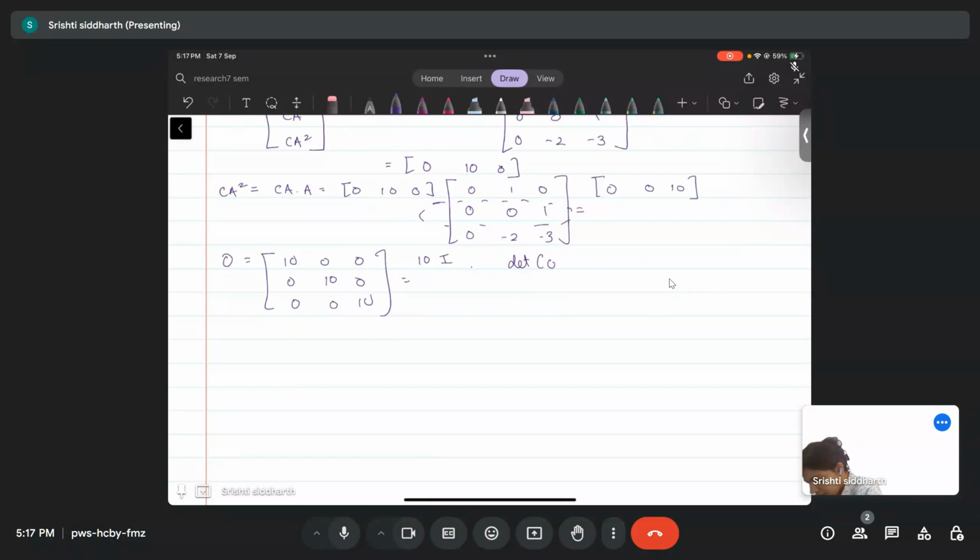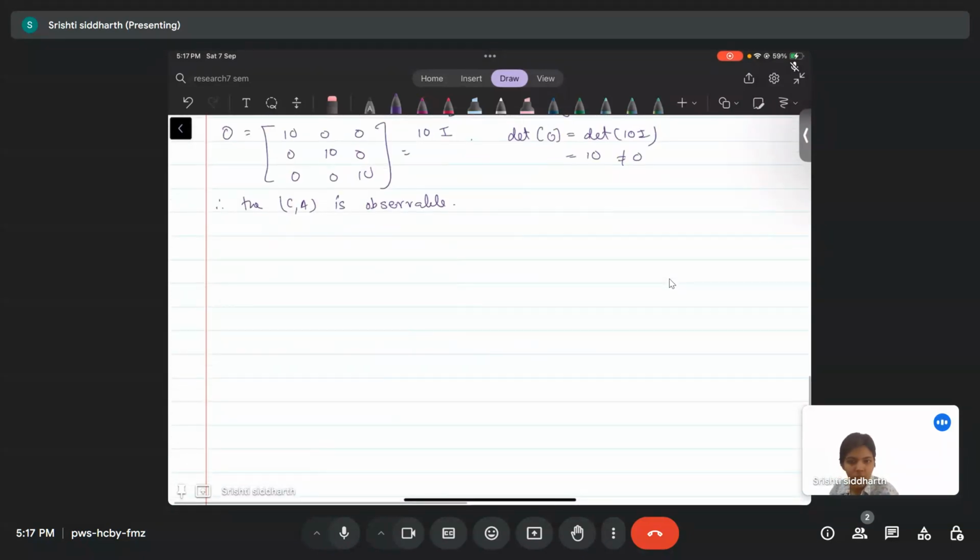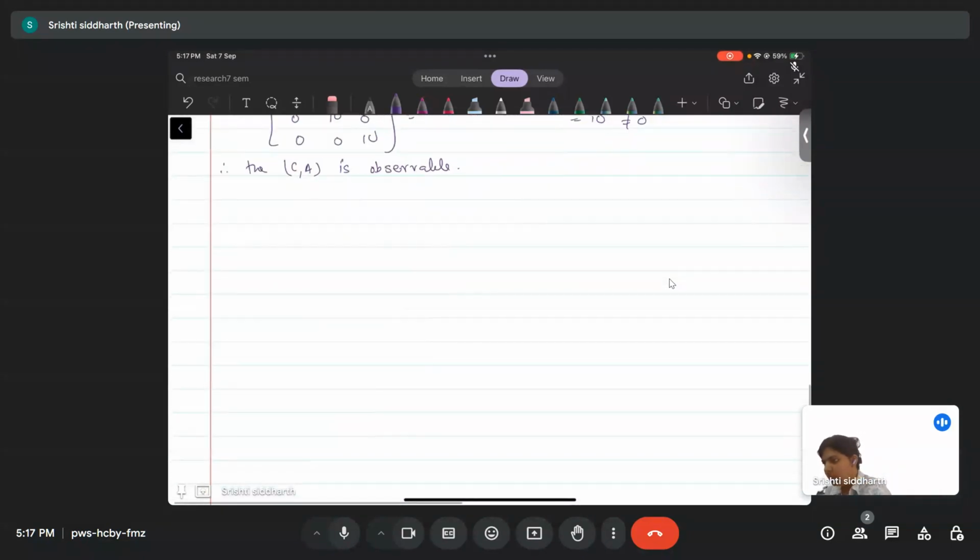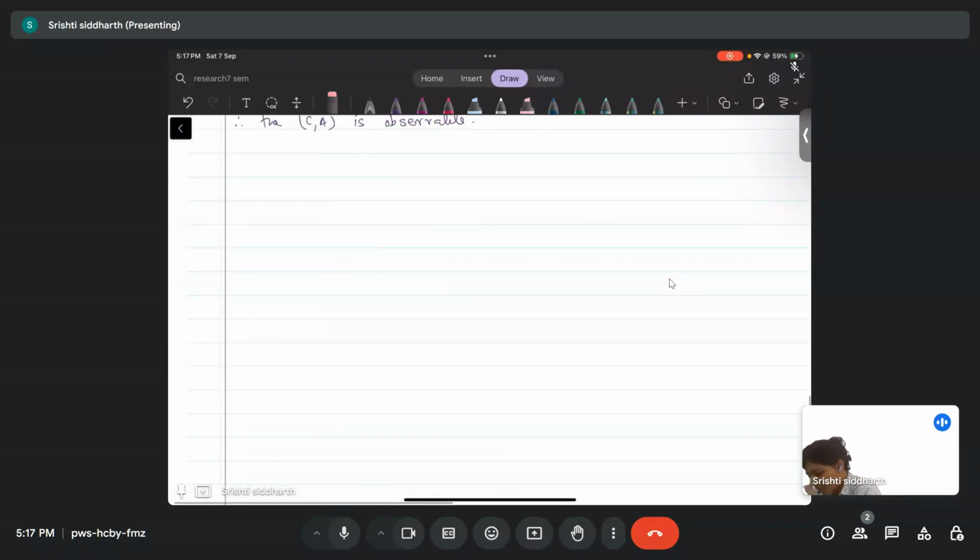The determinant is nonzero, so therefore this third order system is observable. I hope the application of this test was clear to you. Now let's move on to the next question.